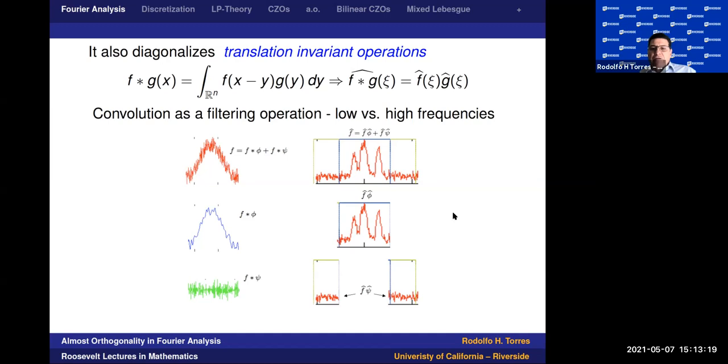I take a function that is one on a small interval around the origin. We speak of that as a low frequency filter, and then we took one at higher frequency that is supported on two intervals away from the origin, or if we were in n dimensions, it would be an annulus around the origin. And so each component gives me some information about the function.